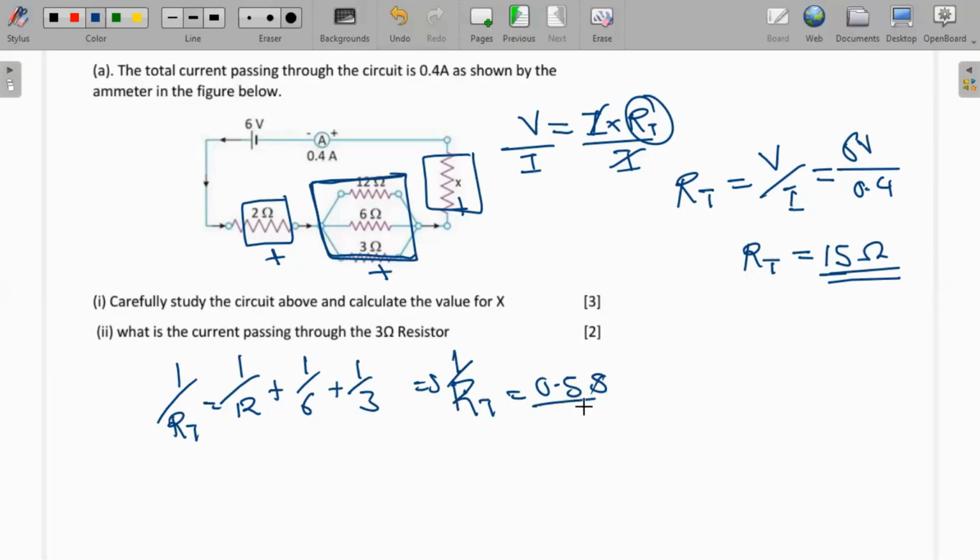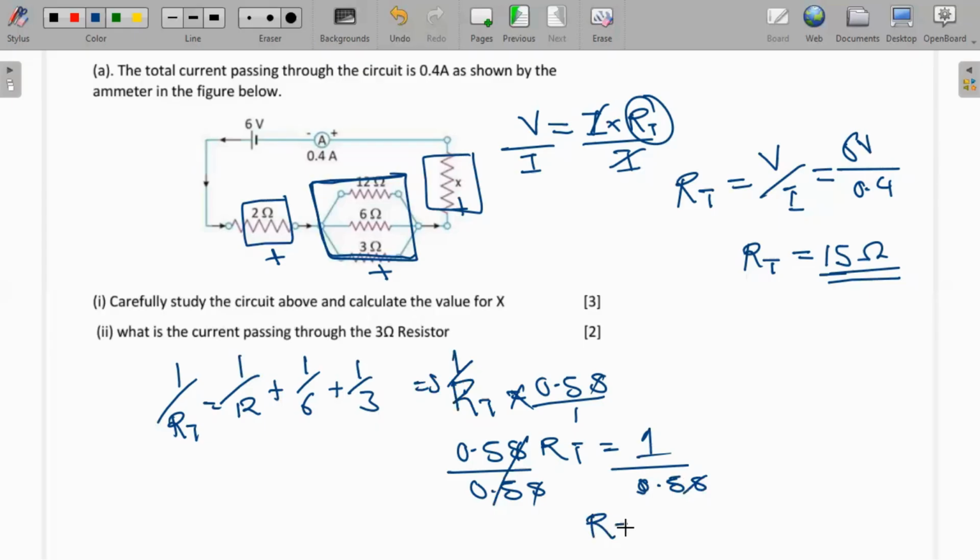Yes. Okay, so let's cross multiply. We're going to get 0.58 R total being equal to 1. So let's divide both sides by 0.58, and this will cancel out.